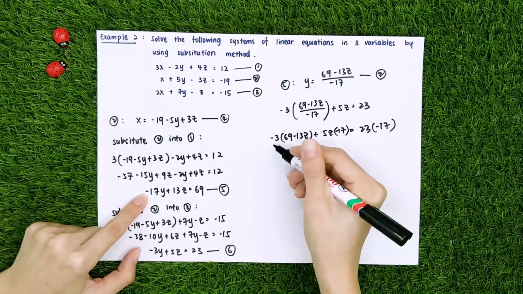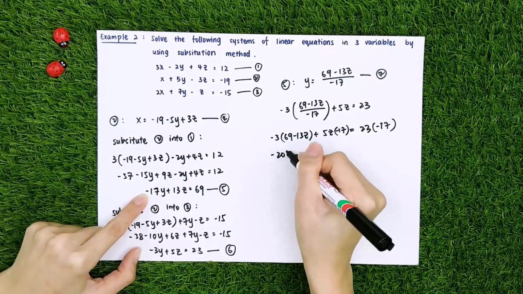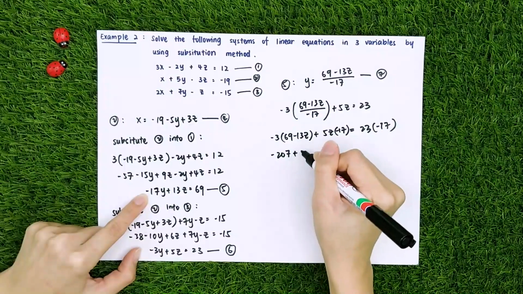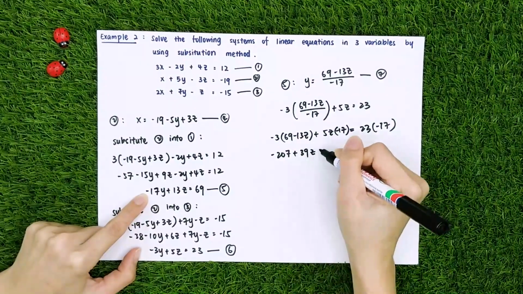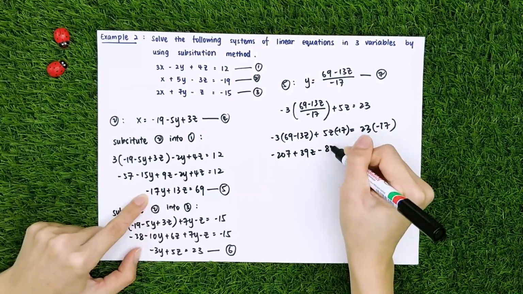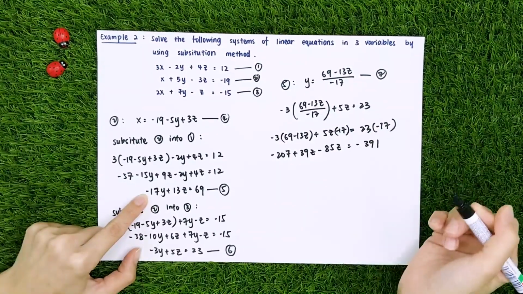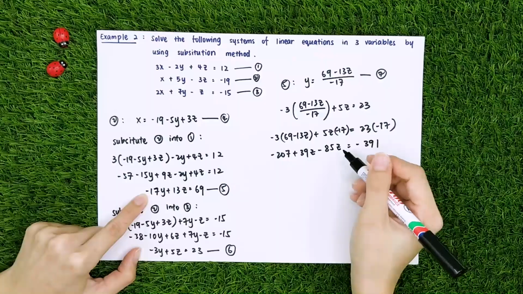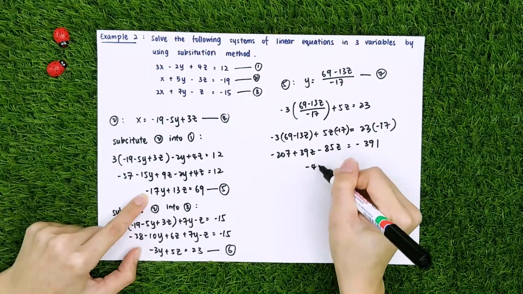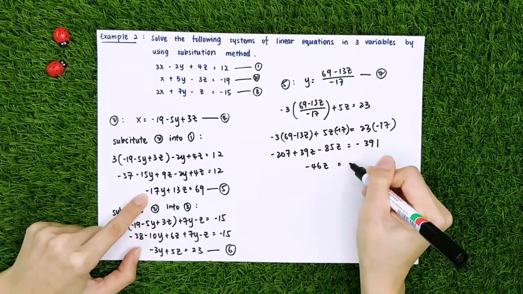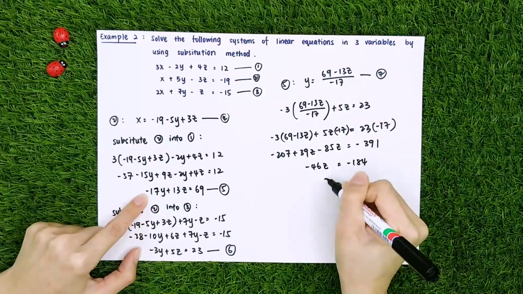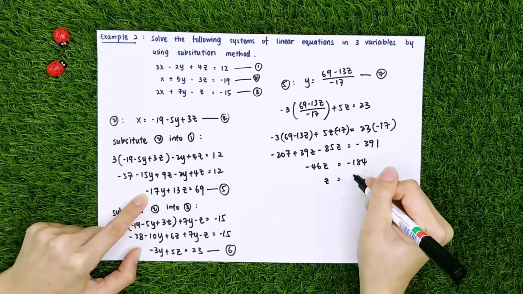So you will get the answer is negative 207 plus 39z minus 85z equals to negative 391. So now here you will get negative 46z equals to negative 184. So z is equals to 4.